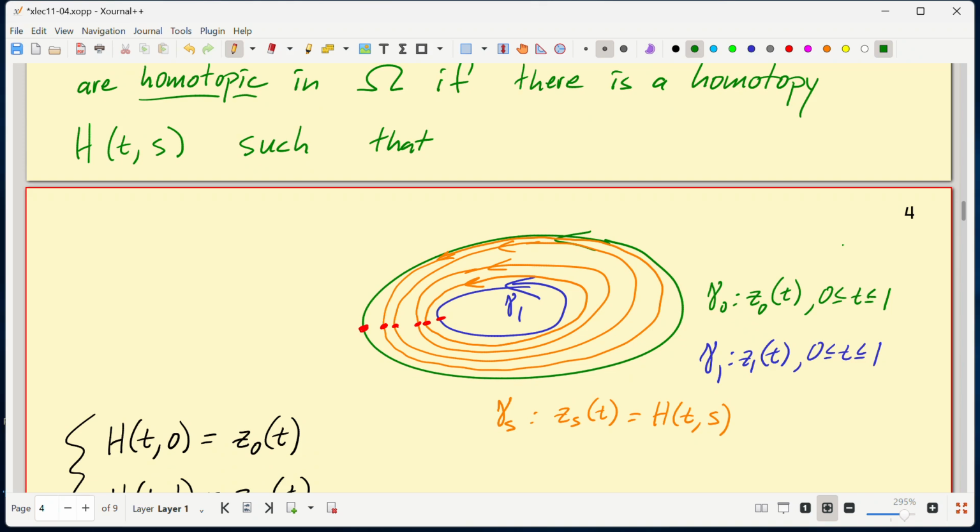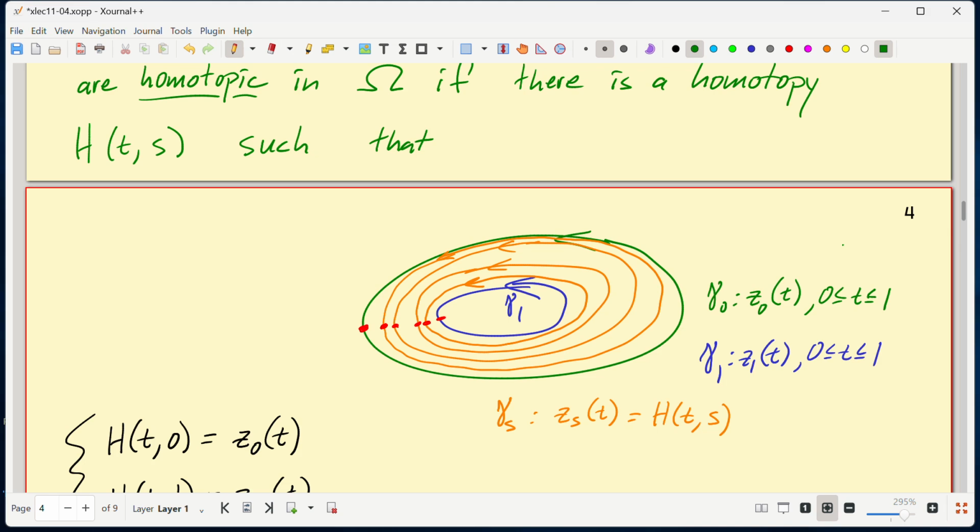It's going to go from the green curve and be like a rubber band and stretch and go to the blue curve, right? I like my homotopies to look beautiful like that, kind of like an ODE graph picture. But they could be crossing each other. They could be bulging in and out and then getting squished down. The feeling is it's like you took a rubber band and pulled it tighter until it clamped down on the other curve.